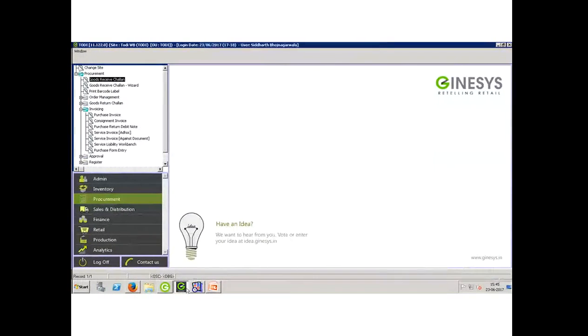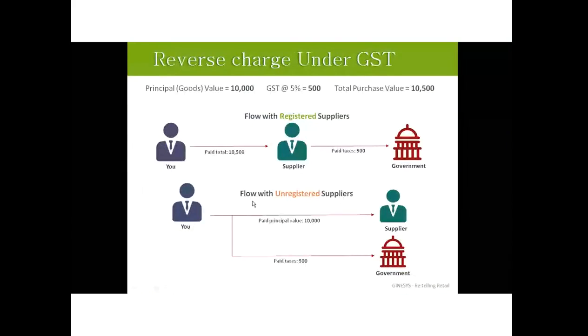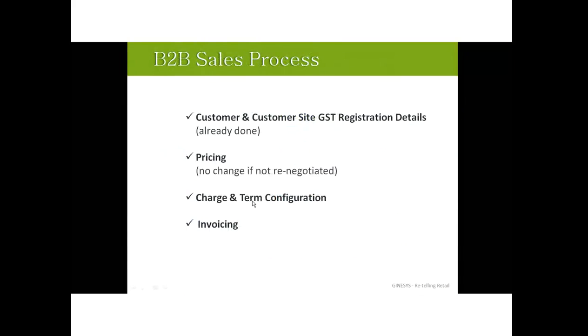So this was the flow for purchase from an unregistered party. Similarly, in purchase service, if you avail services from an unregistered party, you'll have to do a purchase service invoice in reverse flow.